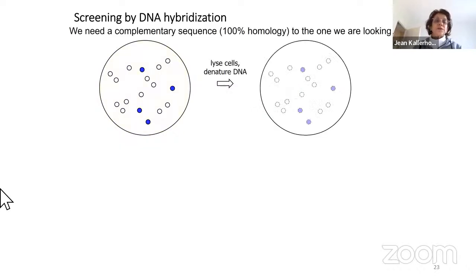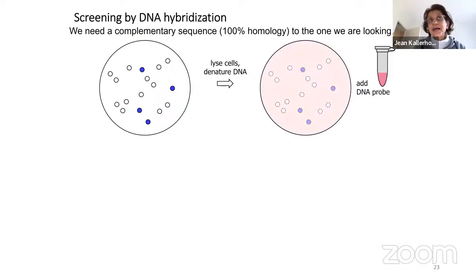So what do we do? We take the membrane, right? We will destroy the cells to denature the DNA of all the colonies. So the DNA strands will be separated, right?